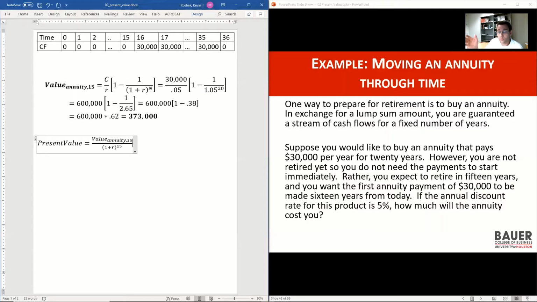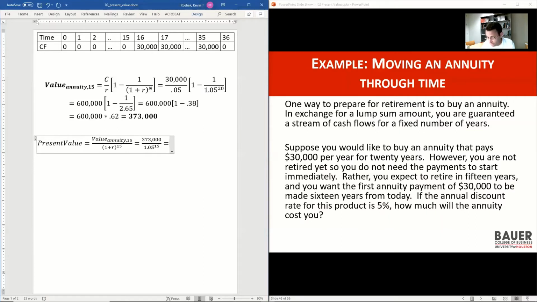So in this case, we want to move the annuity toward the present. We have to move it 15 times. So we already know the value of the annuity is about 373,000. We know the discount rate is 5%, and we know that we've got to move it 15 times to bring it to the present where we're sitting.